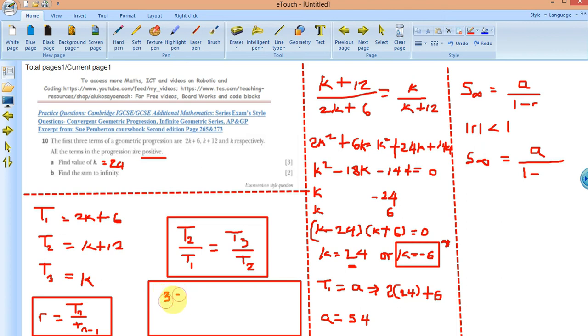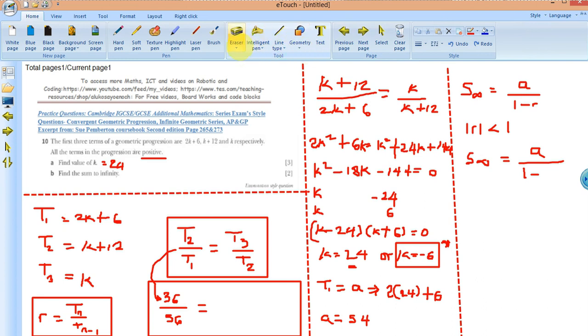So t2 is 36 divided by t1. T1 is 54. So let's break it down. That should give us r. So 36 over 54, for some reason I wrote 56, sorry about that.